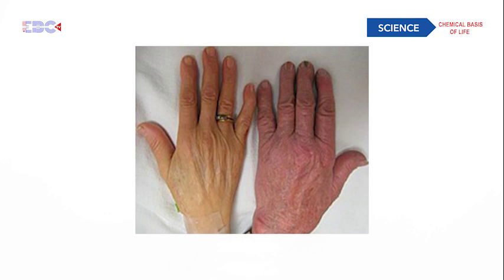Some of the symptoms, right? Anemia. Anemia is the deficiency of red blood cells or hemoglobin. If the amount of hemoglobin or red blood cells is less, your skin becomes pale. So that is anemia, right?